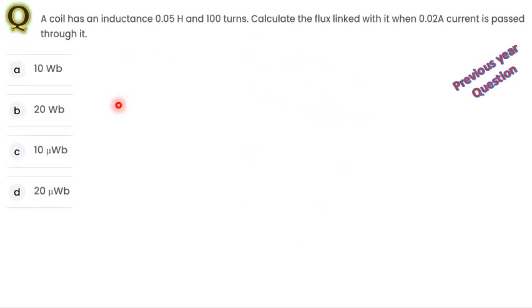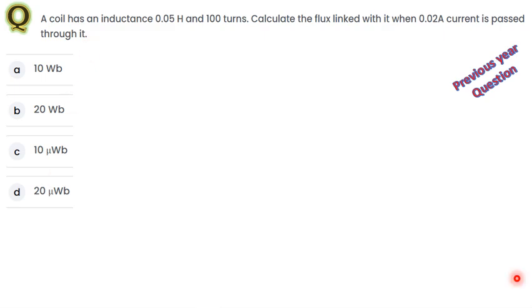Important problem. A coil has an inductance of 0.05 Henry, and the number of turns is 100. Calculate the flux linked with it when a current of 0.02 ampere is passed through it.